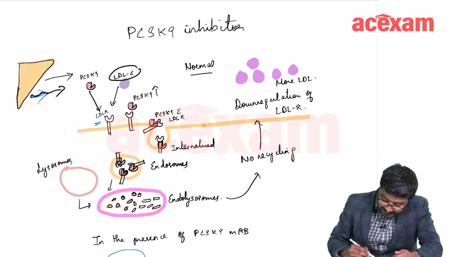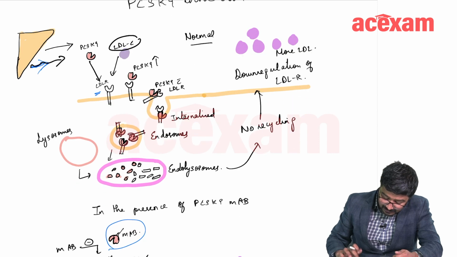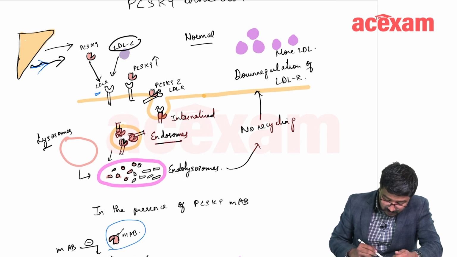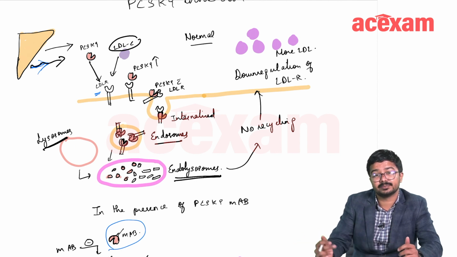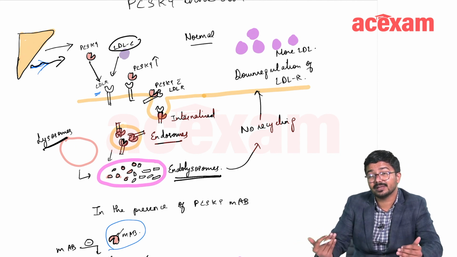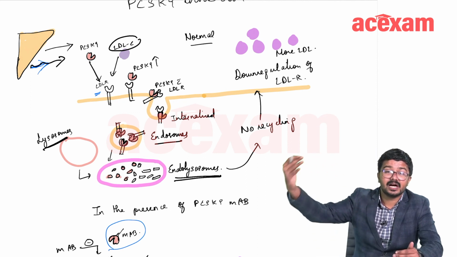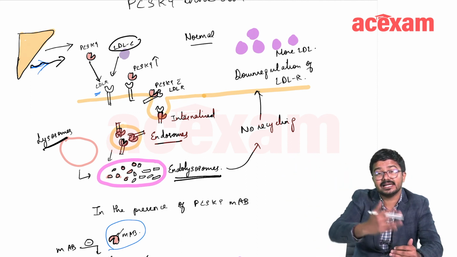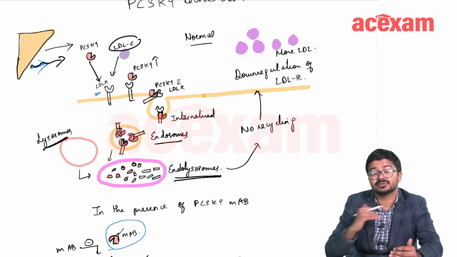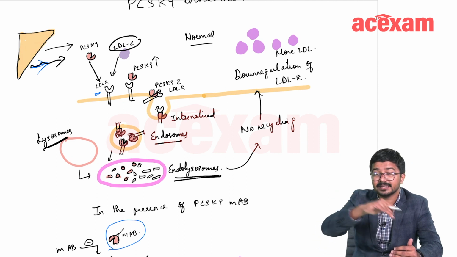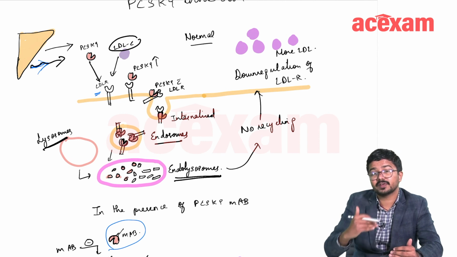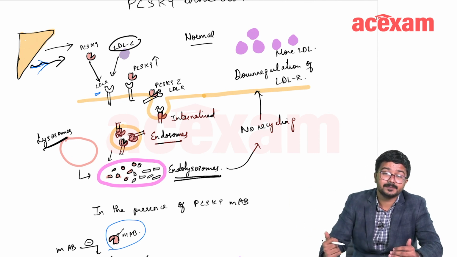So the PCSK9-LDL receptor complex gets internalized, and the endosomes bind with lysosomes to form endolysosomes, causing breakdown of the LDL receptor. LDL receptors are required. Why? Because the LDL receptor causes absorption of chylomicron remnants as well as LDL and helps in reducing cholesterol levels in the body. If the LDL receptor is getting broken down, you don't have much receptor present for the absorption of chylomicron remnants as well as LDL.